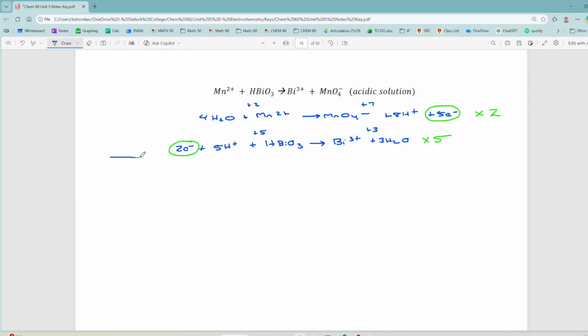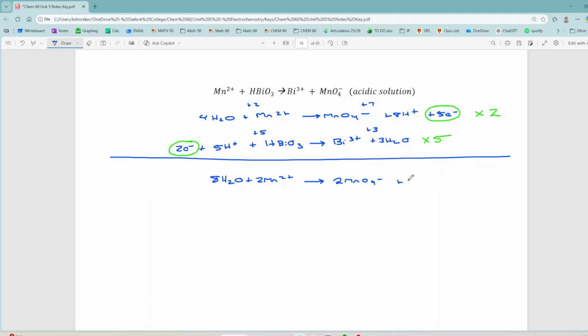Now it's kind of personal preference. Some people will write it in one big long line now. That's too much for me. So I'm going to multiply this top one by 2. So I have 8 waters and 2 Mn2 pluses goes to 2 MnO4 minus and 16 hydrogens and 10 electrons.